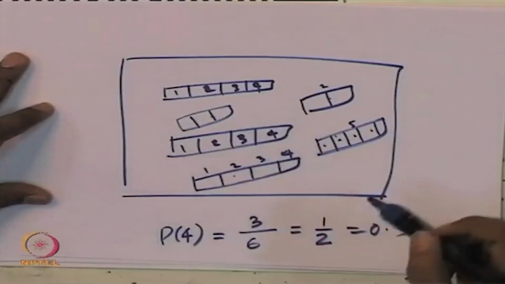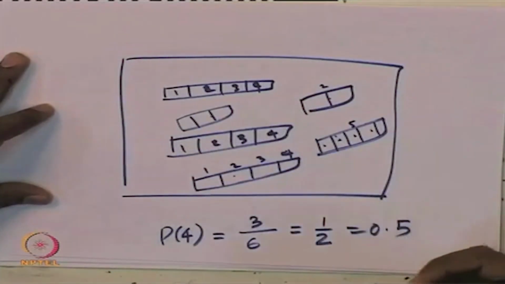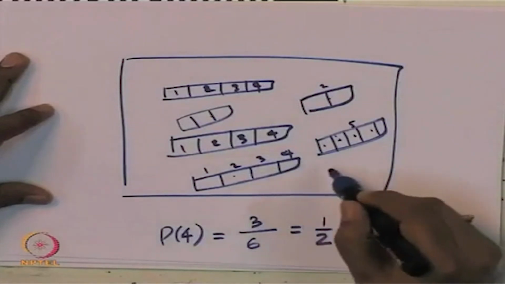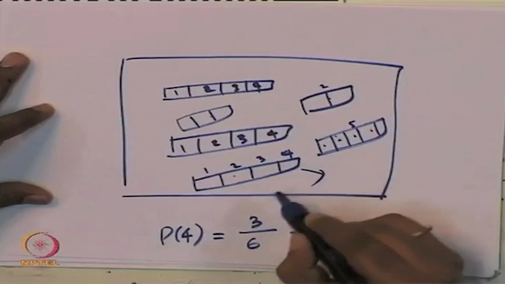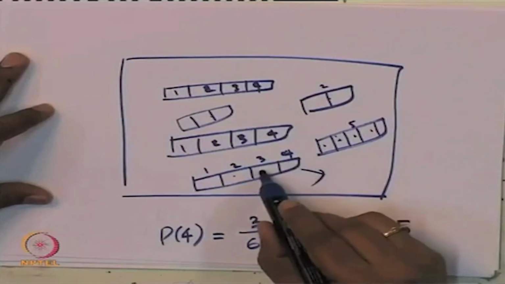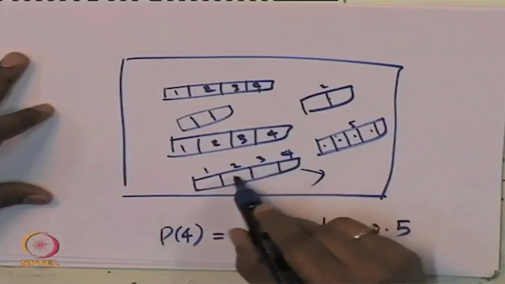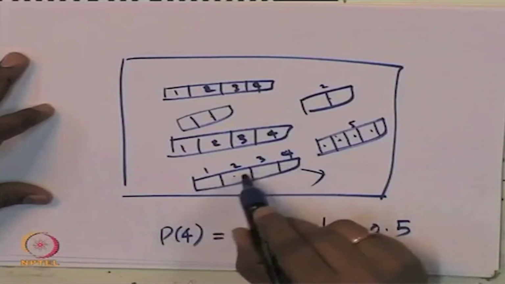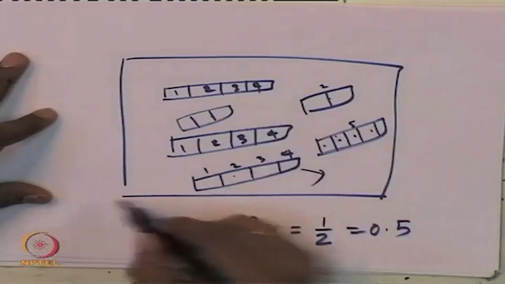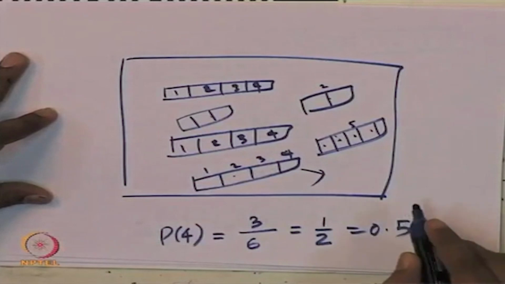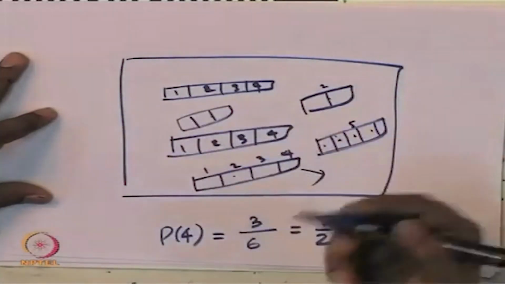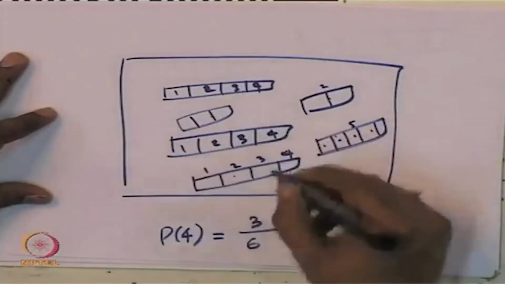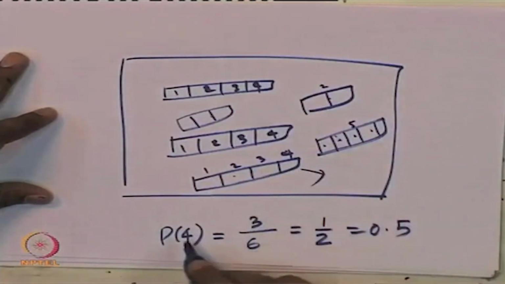Now let us say some depolymerization happens in any of them. Say this depolymerizes, then this becomes 3. If this becomes 3, there are only 2 out of 6 with 4 monomers, so the number of filaments having 4 monomers will decrease and the probability P4 becomes less.